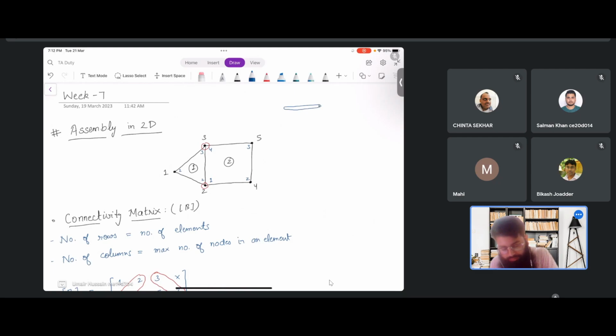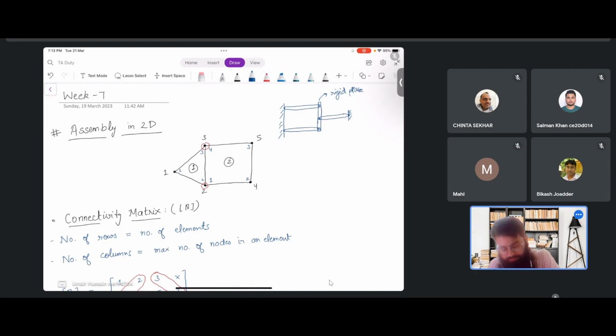So we have this kind of system where this is a rigid plate, and three bars are connected by this rigid plate in such a way.